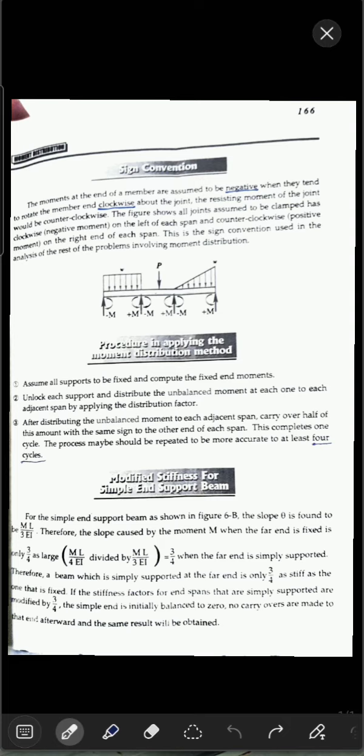Okay, so let's first write down the steps to analyze moment distribution.